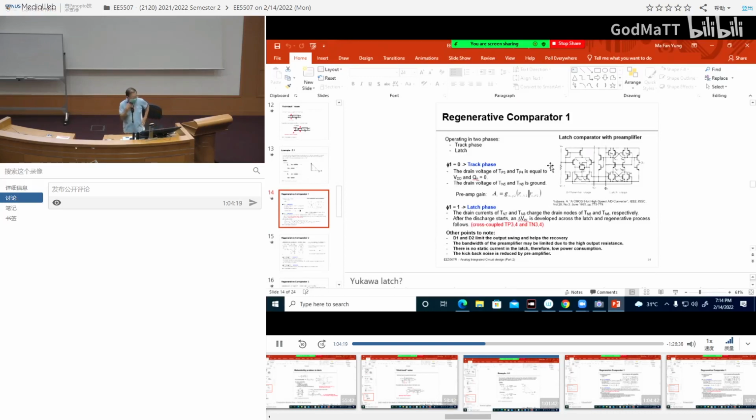So here is one example of a positive feedback comparator. Let's see what is going on here. Very simple. When you're faced with this kind of circuit, how do you start to analyze?